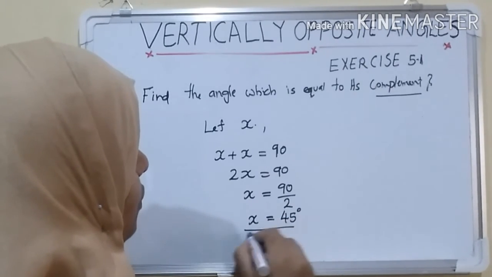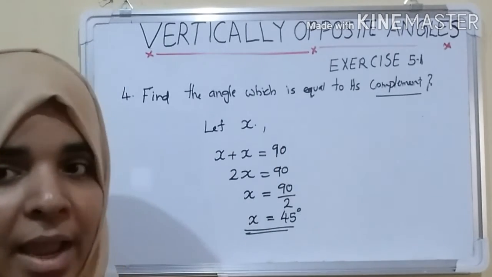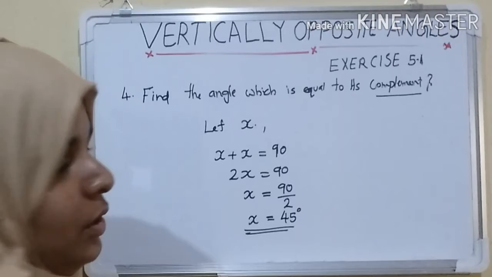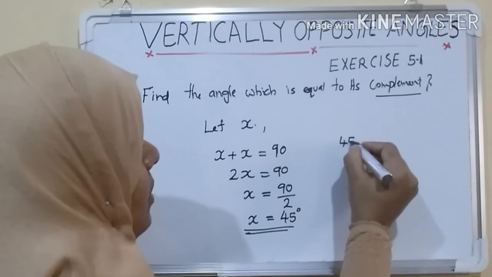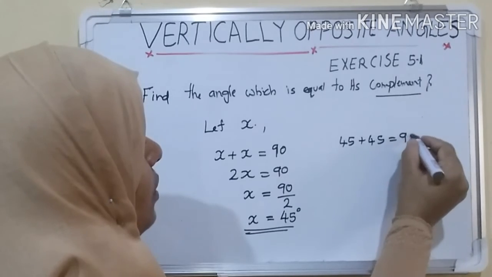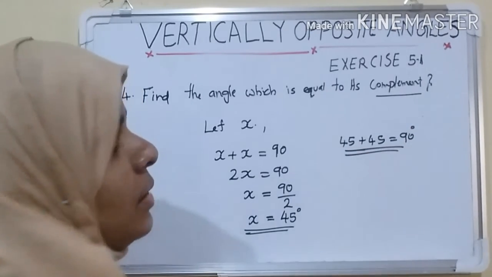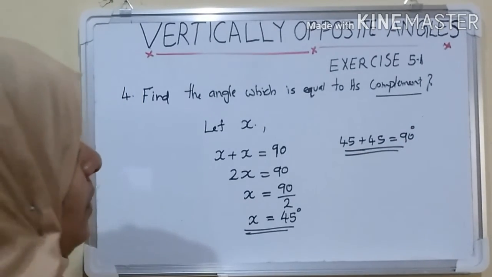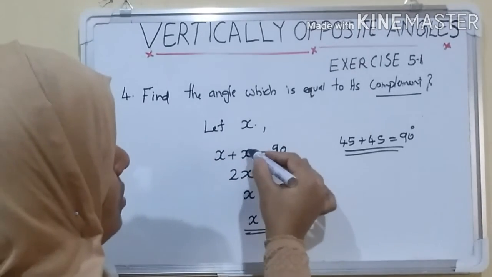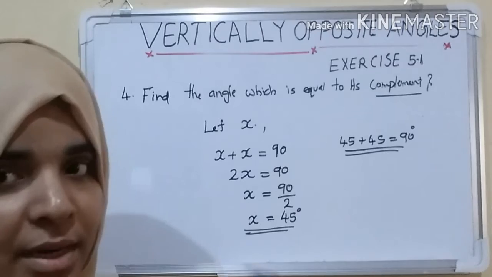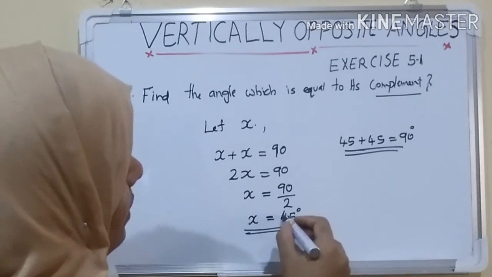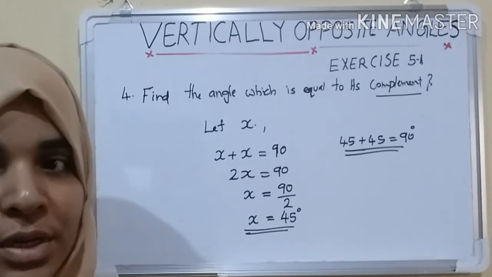So if two complementary angles are equal, then their angles will be 45, 45. Then only their sum will be 90, right? 45 plus 45 equal to 90 degrees. Okay. How to find this one? Just suppose one angle is x. So another angle is also x because the two angles are equal. Then we solve this equation and we get x is equal to 45.